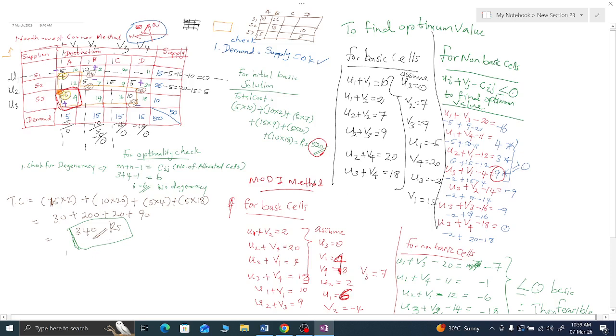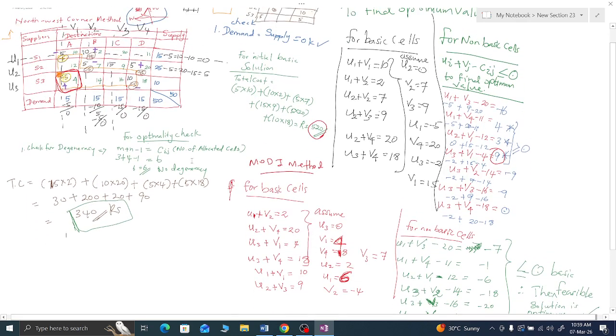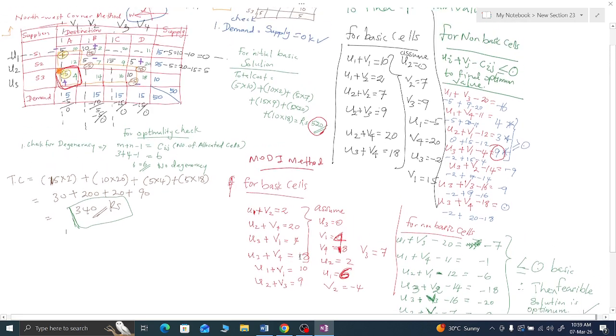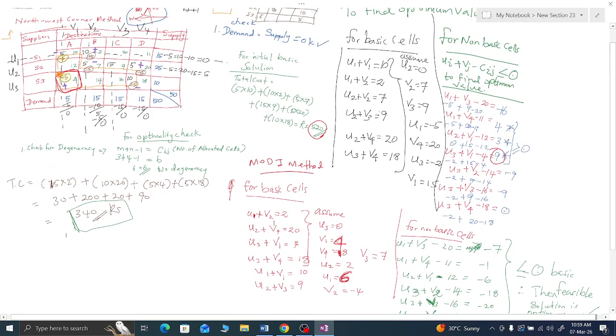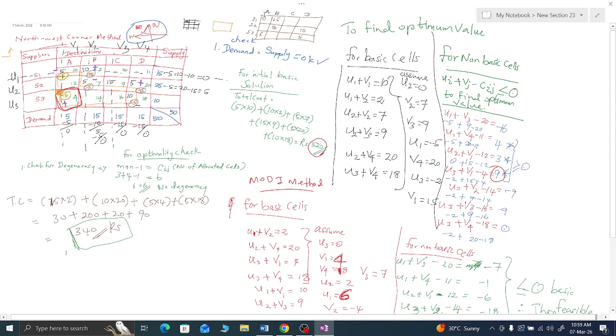So this is how we do the MODI method. I already told you how the allocation is done. Here the basic cells U1 V2 I already kept, and a 0 will come to these two places after changing using the MODI method.